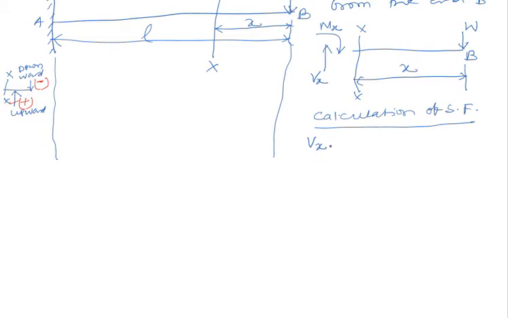So Vx, that is upward direction, minus W, that is downward direction to the right hand side of the section.